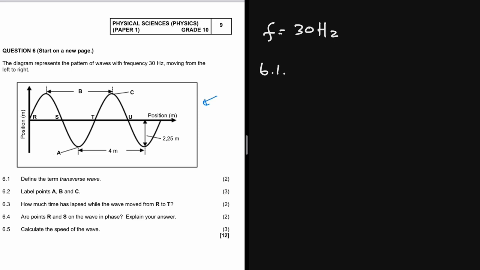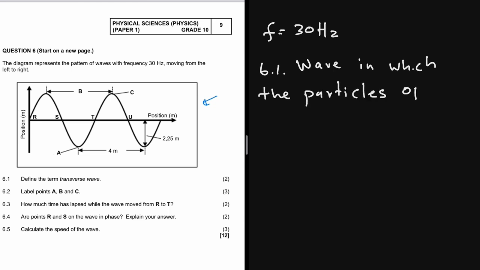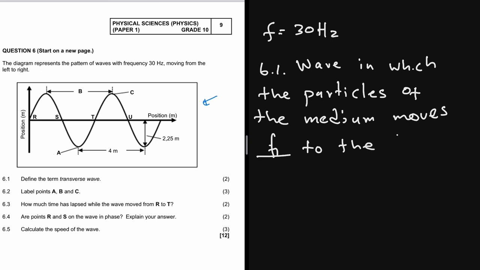So we're just going to say, to define a transverse wave, this is a wave in which the particles of the medium move perpendicular to the direction of the wave, or the medium of propagation.